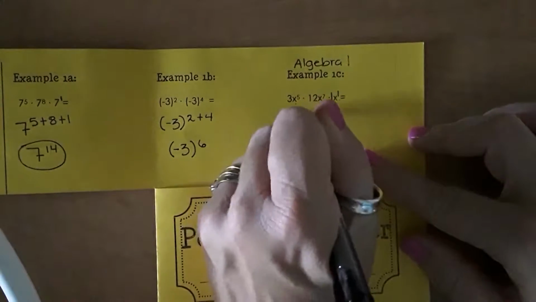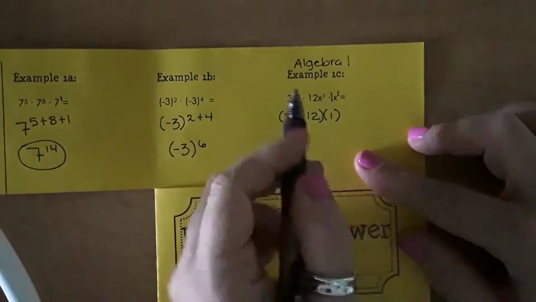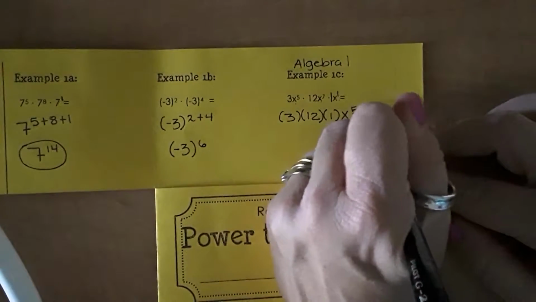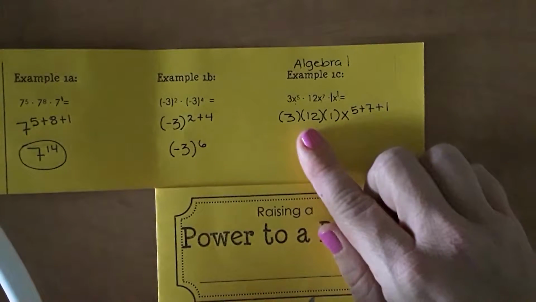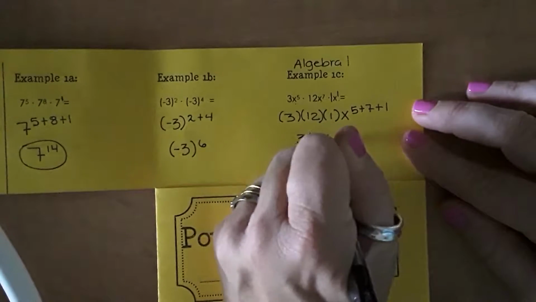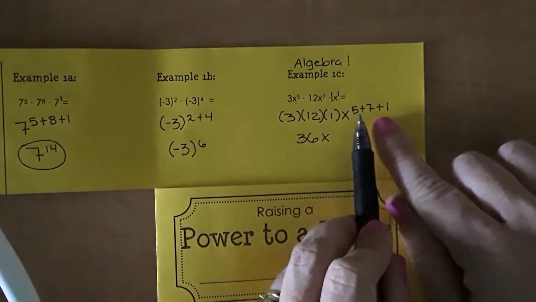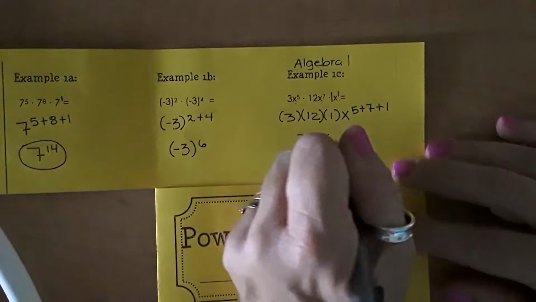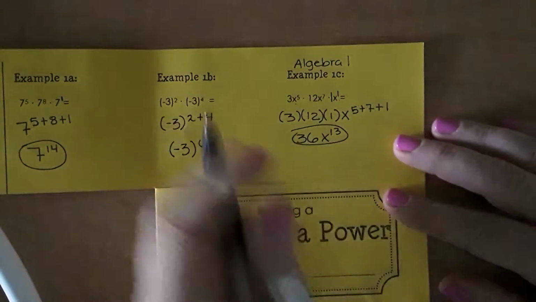You're going to multiply 3 times 12 times 1, and then my x's are the same. I'm just going to add my exponents, 5 plus 7 plus 1. 3 times 12 is 36. 36 times 1, 36. Bringing my x, 5 plus 7 is 12 plus 1 is 13. So 36x to the 13th power.